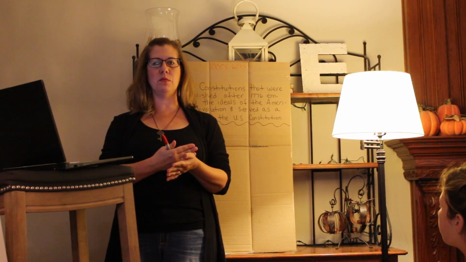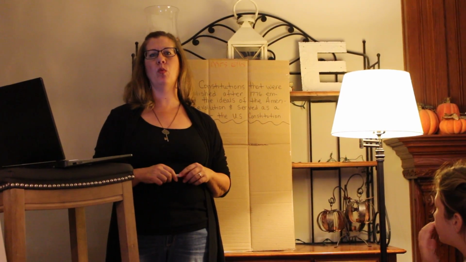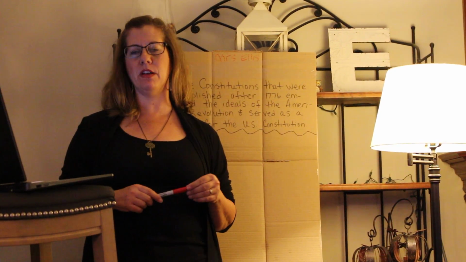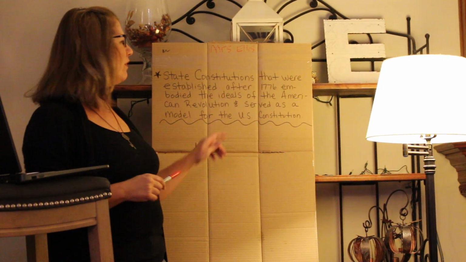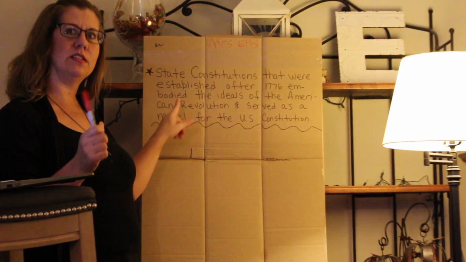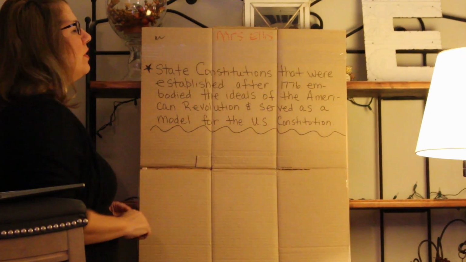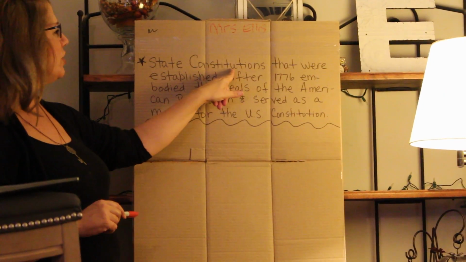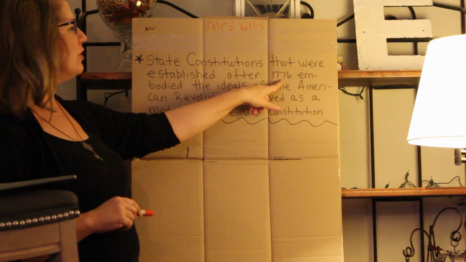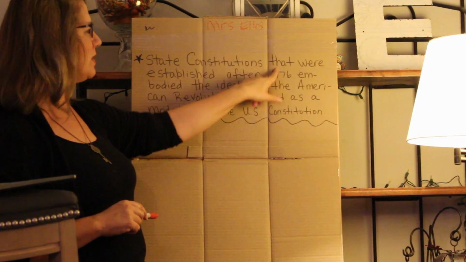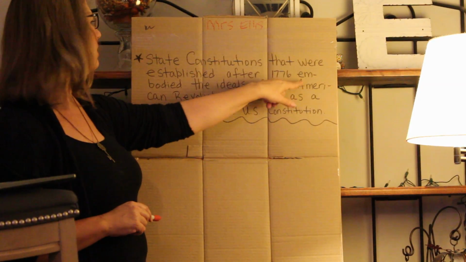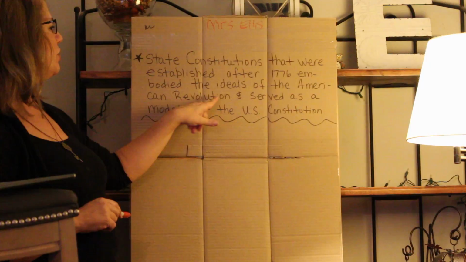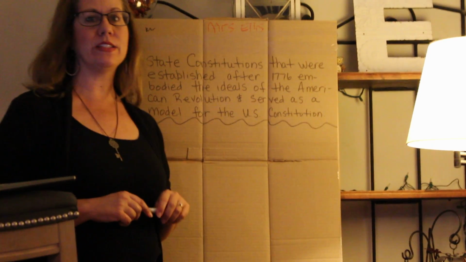We've been discussing the American Revolution, and we are going to continue our discussion on the consequences of the American Revolution. And if we could just all focus and zoom in on this right here. This is our objective today: to understand that state constitutions that were established after 1776, the beginning of the revolution, embodied the ideals of the American Revolution and served as a model for the U.S. Constitution.